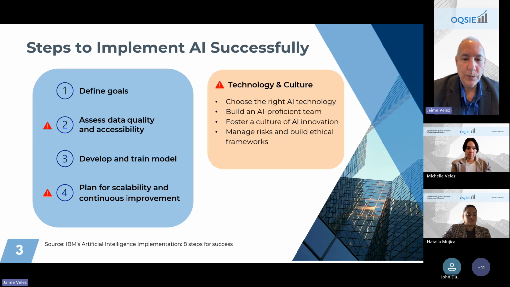It connects to the fourth bullet on the technology and culture side, which is managing risk and building ethical frameworks for that training process, right? So basically, you're telling your AI model what is good and what isn't good as an outcome, and based on what you're telling your model, that's what it prioritizes as good types of answers, and it builds on that.